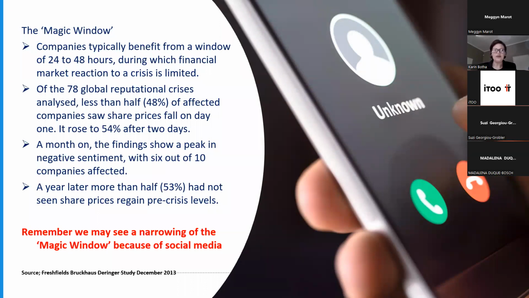So when you have this issue and you see there's potentially unsafe product somewhere in the market, what are we going to do about it? Companies typically benefit from a window of 24 to 48 hours, during which a financial market reaction to a crisis is limited. So the sooner you react, the sooner you get your potentially unsafe product out of the market, you really limit your risk.